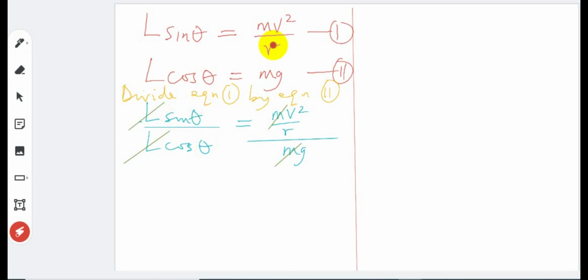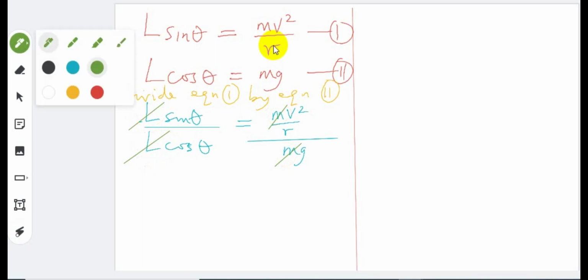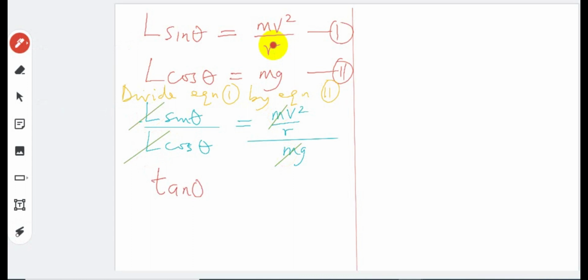So with L crossing out L and m crossing out m, we finally have sine theta over cos theta. If you remember your trigonometric identities, sine theta over cos theta is tan theta. So tan theta is equal to v squared over r, divided by g, which is v squared over rg.